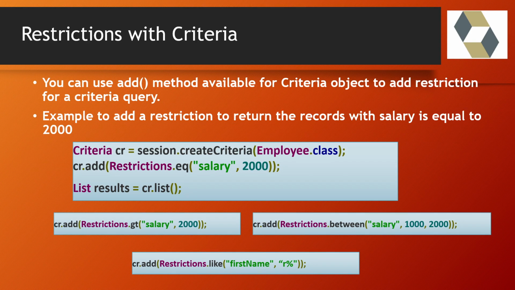It will display the first names whose name starts with R, R percentage. Salary greater than 2000. Salary between 1000 and 2000. Salary equals 2000.